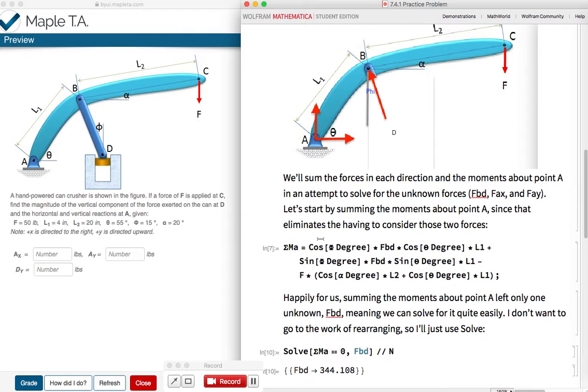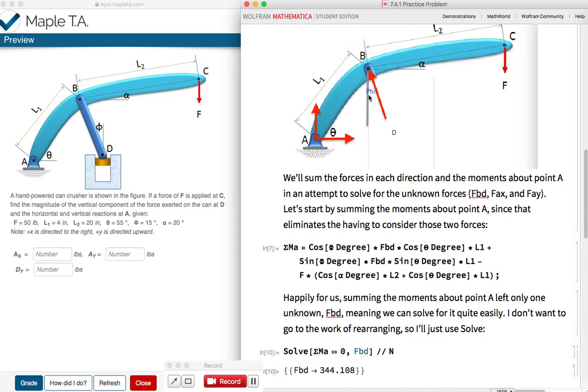And remember, a moment is a force times a distance. So starting at point A, I'm just going to kind of walk out to my first force that I find, and that's going to be force in the BD. So a moment is a force times a distance. So the force is BD, but I want to break it down into components. So let's try taking, say, the vertical component of BD.